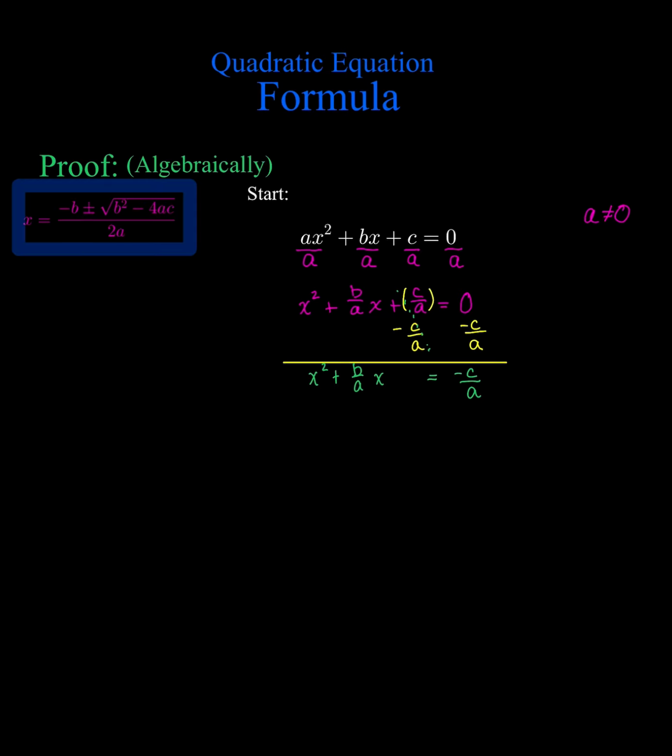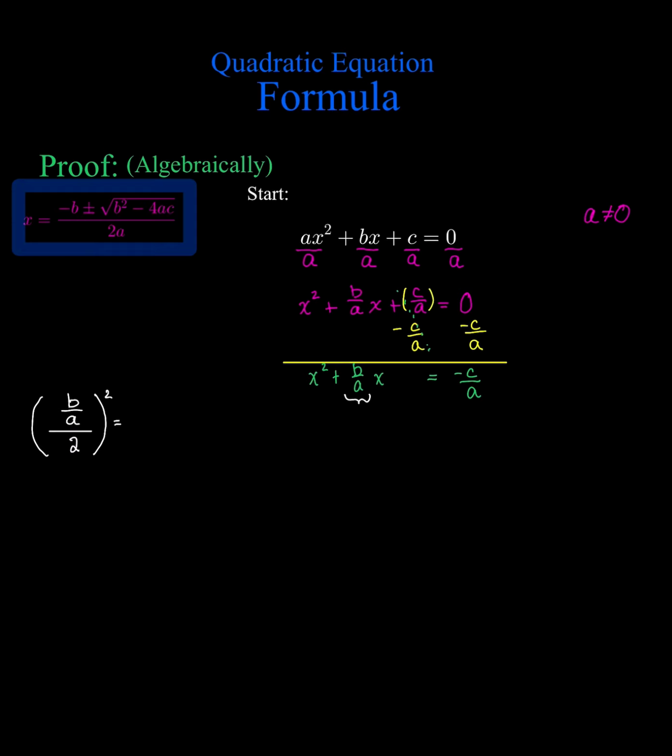If you take the second term on the left-hand side, you divide that term by 2, and then square it, you will then be able to add that term to both sides and simplify the equation.